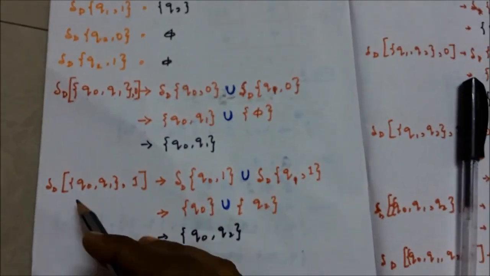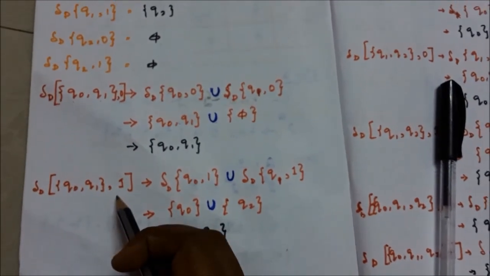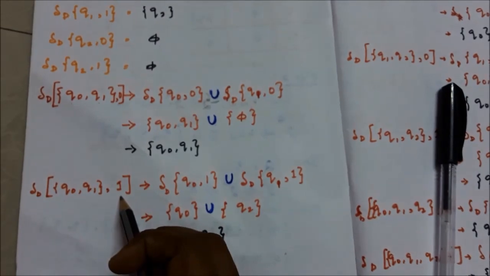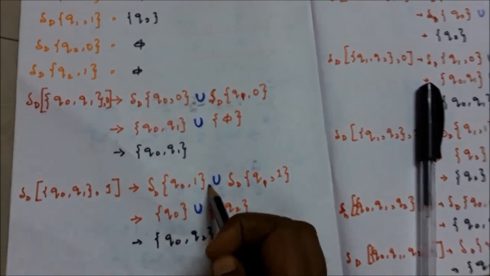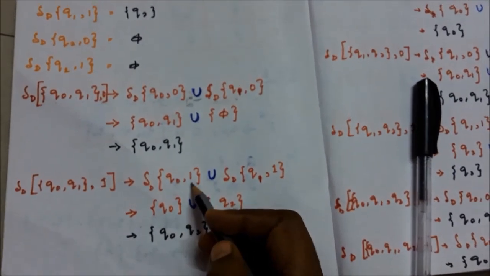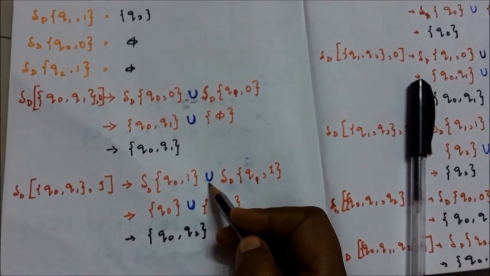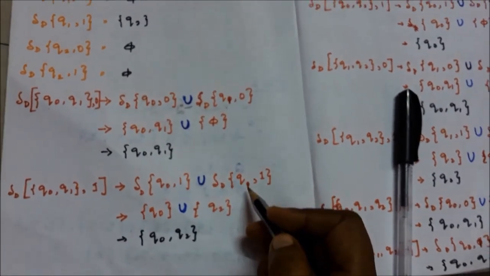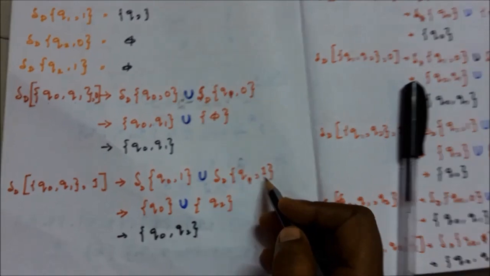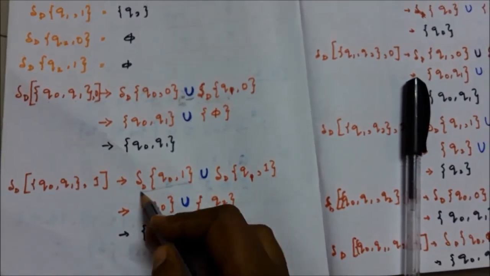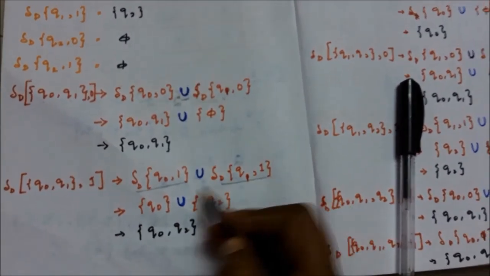Similarly for Q0 comma Q1, a transition function with the input symbol 1 means, first we want to split it, Q0 comma 1 union of transition function of Q1 comma 1. Then we can find the transition function individually and add it.